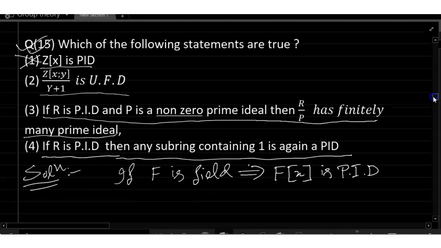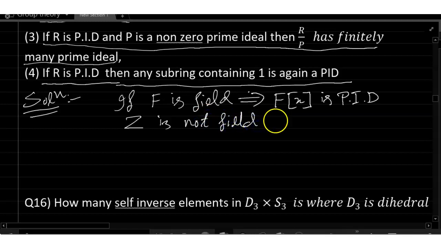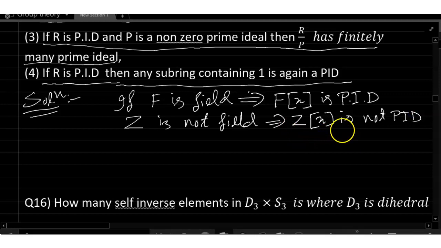So friends, F is a field, but Z is not a field. So that implies Z[x] is not a PID. It is a UFD, a unique factorization domain. I have already told what this is.